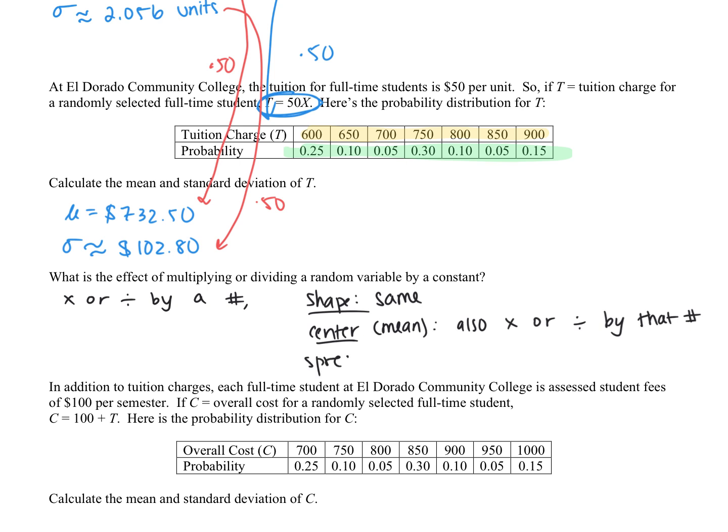And then the spread, in our case standard deviation, is also multiplied or divided by that number. So if we multiply by a constant, it affects the center, it affects the spread. Does not affect the shape.